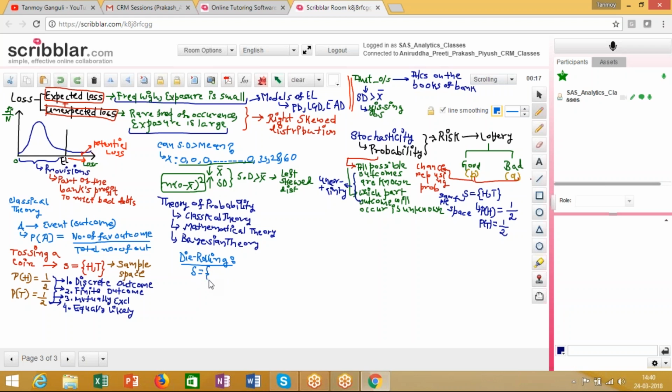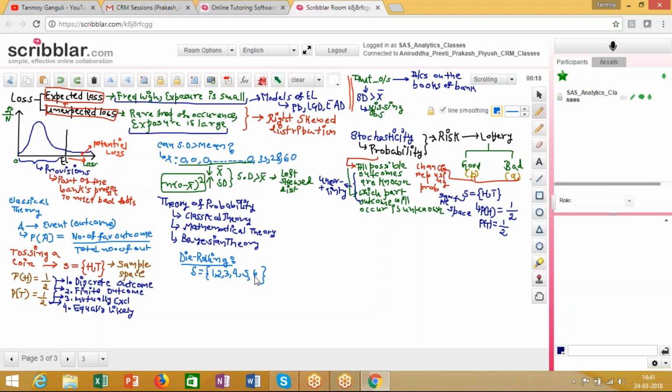S is 1, 2, 3, 4, 5, 6. Right? So this is a die rolling example. Over here we have one die with 6 faces, and this is an unbiased die.